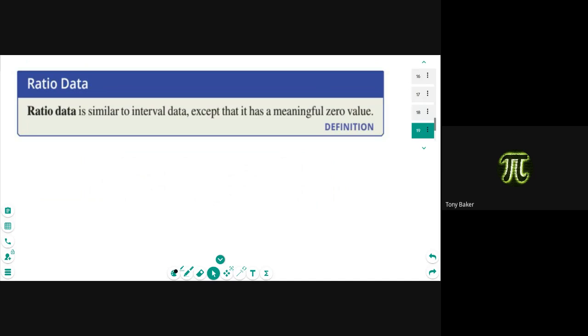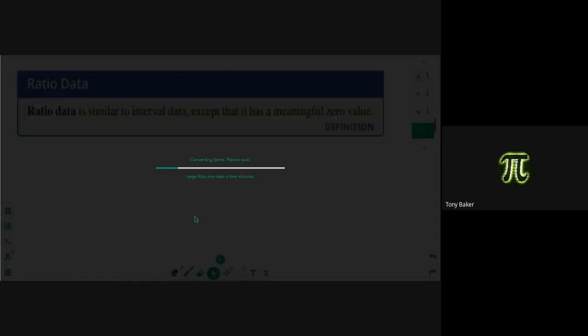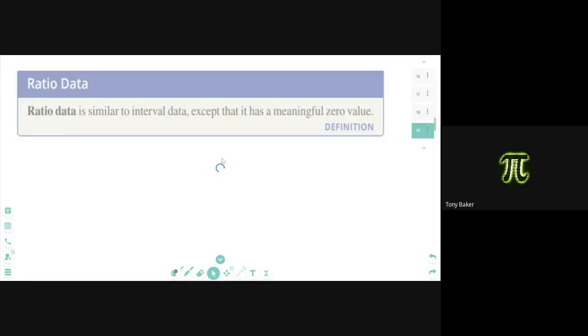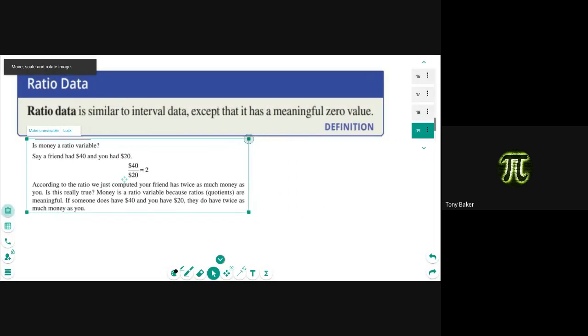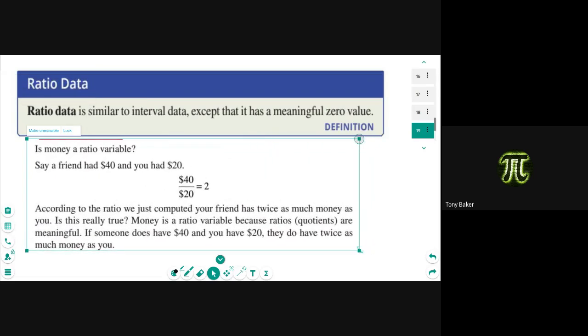So the example that they gave is this. And this is why I said these are hard once you start looking at them, because they're close sometimes. So a ratio, if I'm looking at your friend had $40, you had $20, you have twice as much money. I can divide those, that twice as much money has meaning.